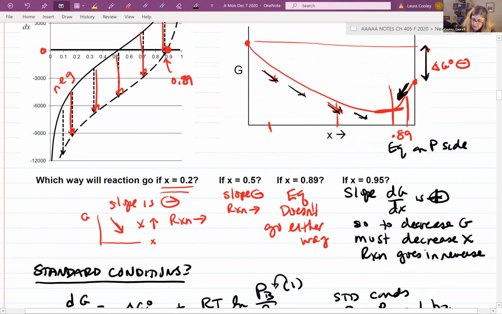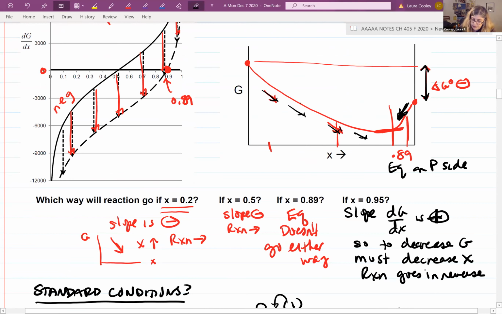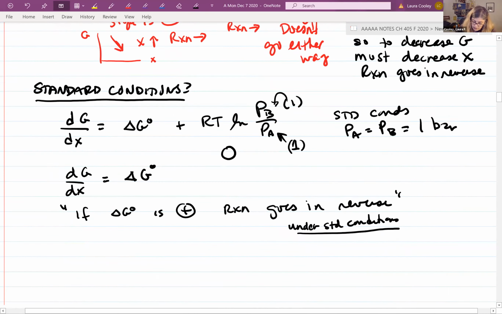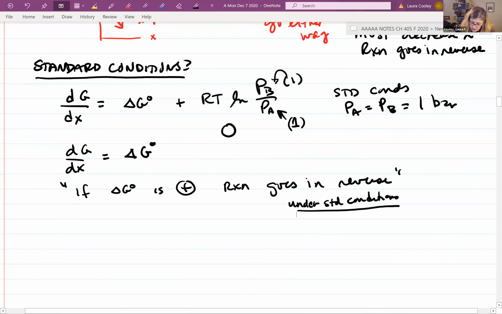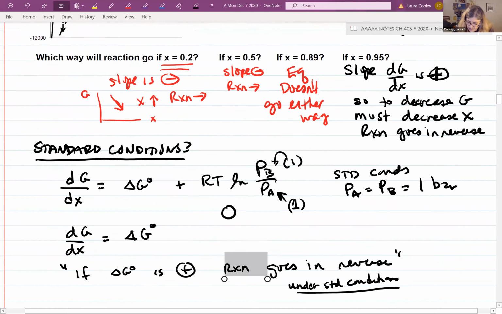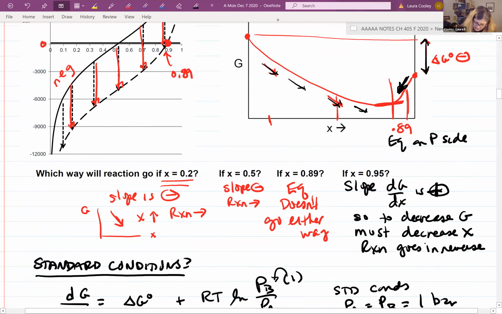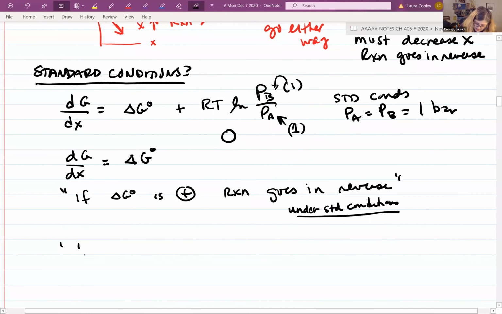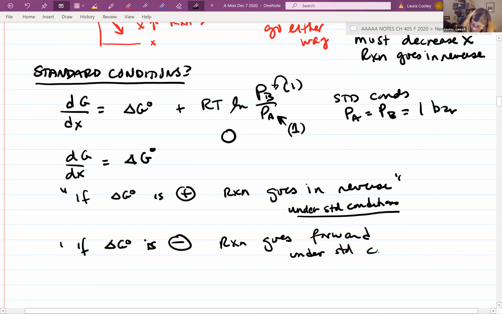Not every single condition here is going to have the reaction going forward. There are some where it goes in reverse. Oh, well, this is for the negative delta G0. Let me write that too. So if delta G0 is negative, the reaction goes forward under standard conditions.